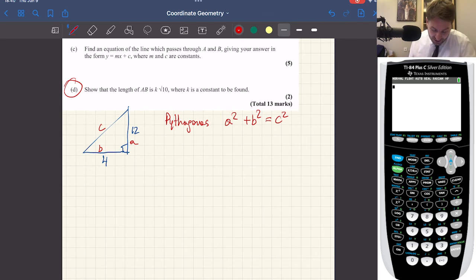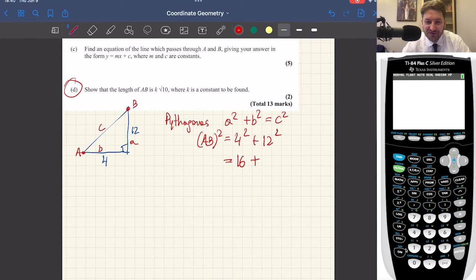All right, so let's apply this. I am going to call this AB. So my AB squared is 4 squared plus 12 squared, and that gives you 16 plus 144. I do have this calculator over here that I have not used at all, just to double check. 144. There you go. And this plus 16 gives us a really nice 160.